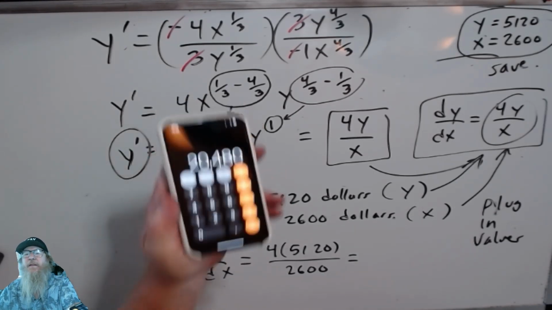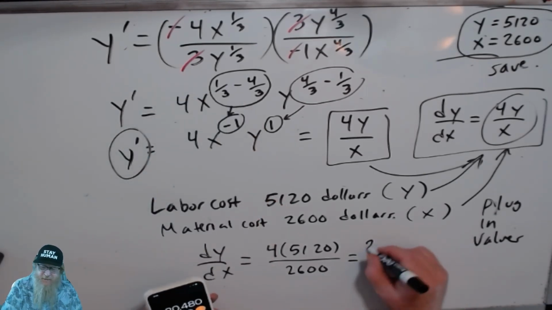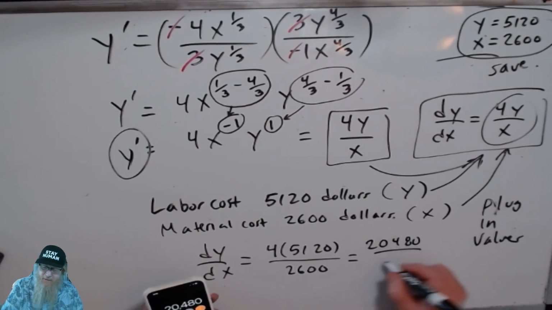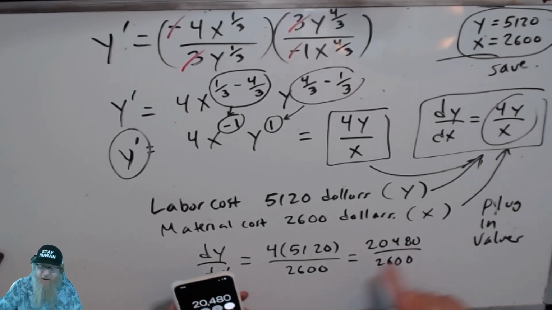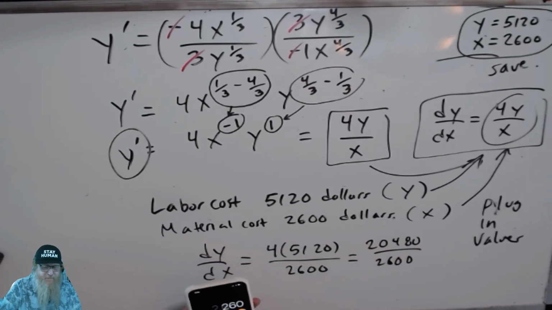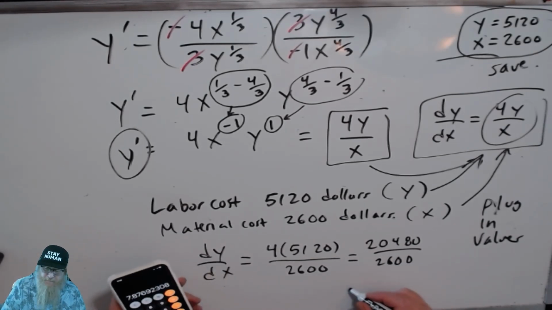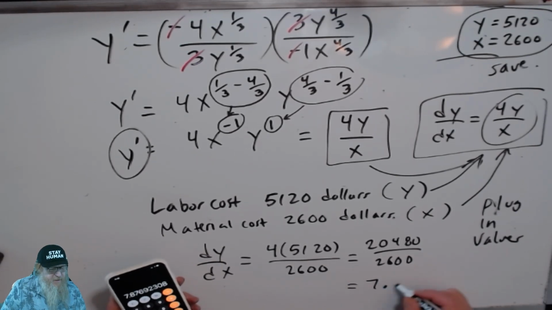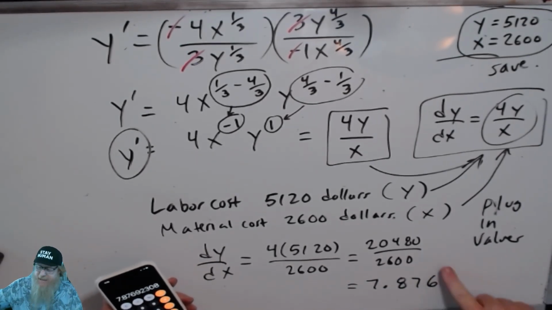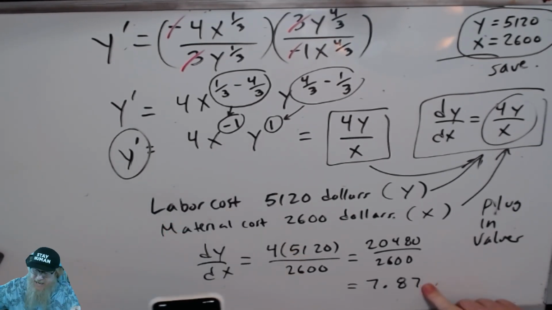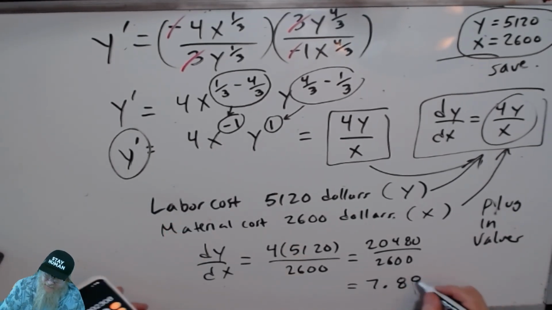So it's 20,480 divided by 2,600. I'm writing it down in case I screw it up. $7.87. So I'm rounding that to 88 cents.